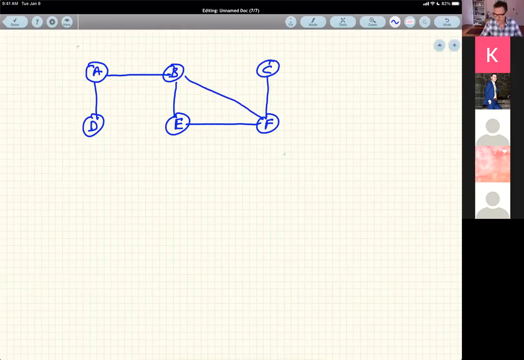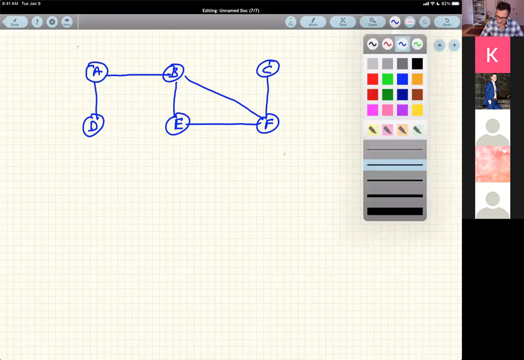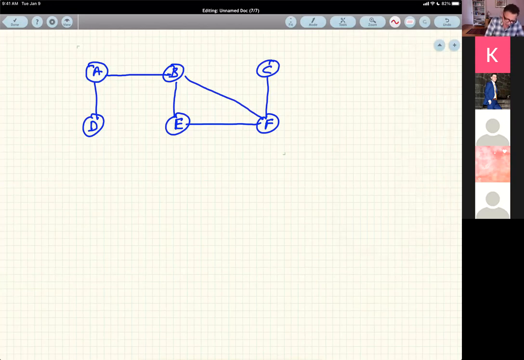Now what is a breadth first search? Well, the way it works is the following. So let's take a look. The distance from A to itself is 0, right? The distance from A to B is 1, right?